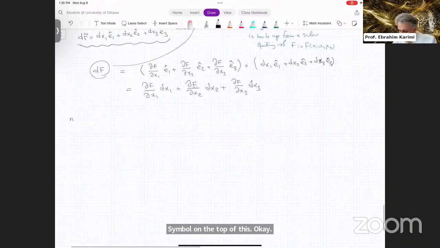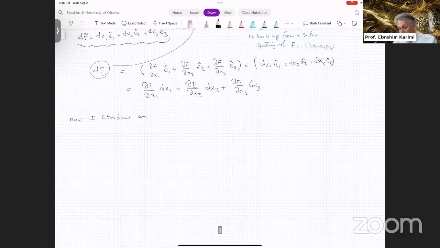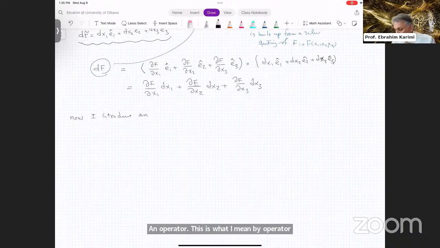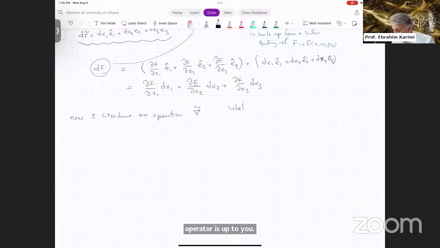So now I introduce an operator. This is what I mean by operator. They call it the del operator, or they call it the nabla operator, it is up to you. This del operator should act on a scalar, okay? So what is this del operator?